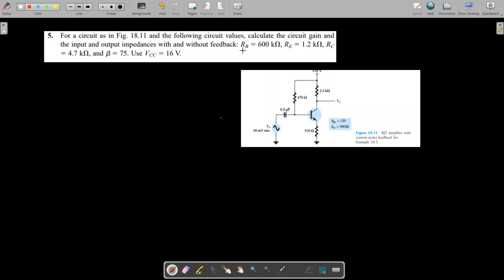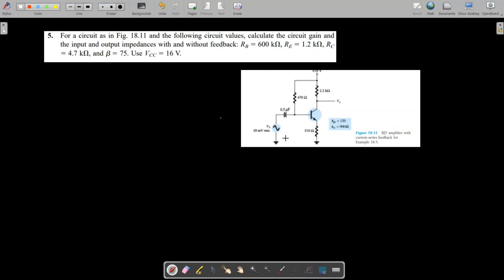And we have resistance RB equal to 600 kilo ohm, RE is 1.2 kilo ohm, RC is 4.7 kilo ohm. Beta, this is your current gain beta, which is 75, and VCC, which is the DC supply, is 16 volt. So we need to find the gain with and without feedback, input impedance with and without feedback, and output impedance with and without feedback.